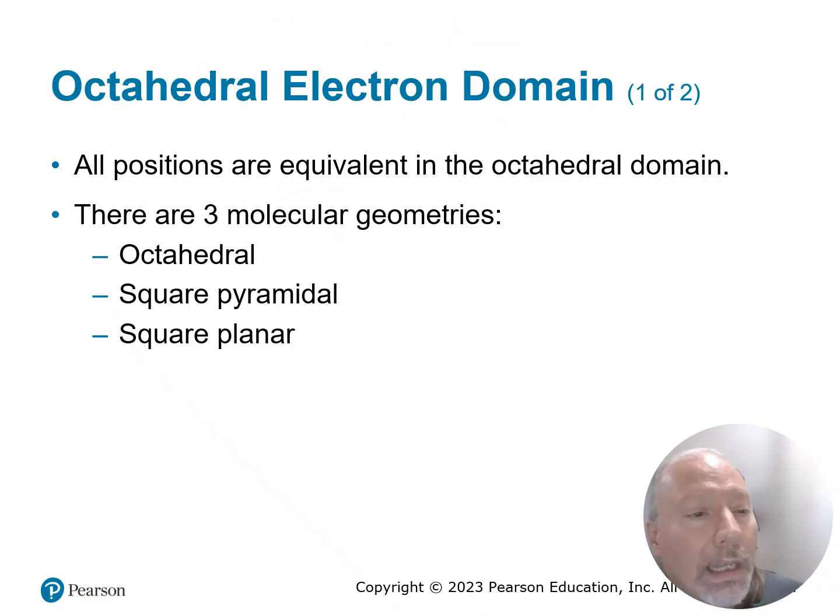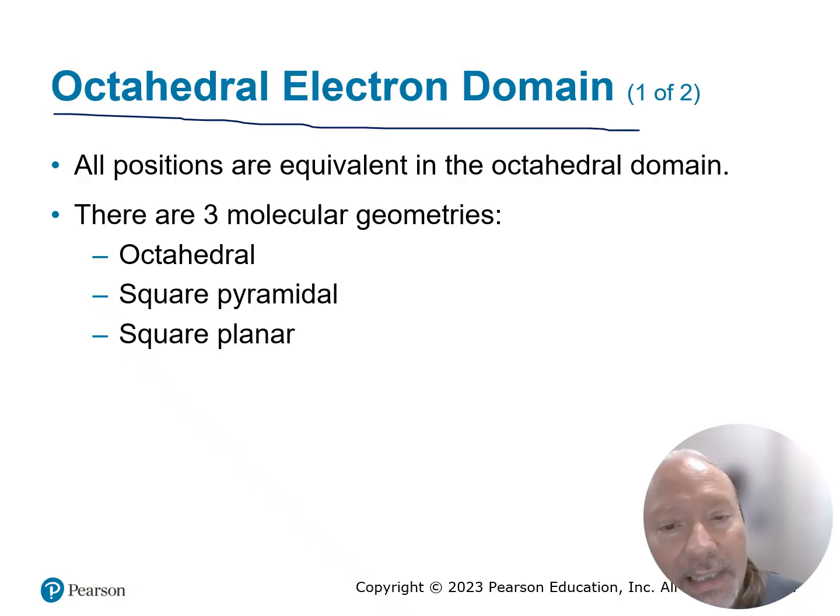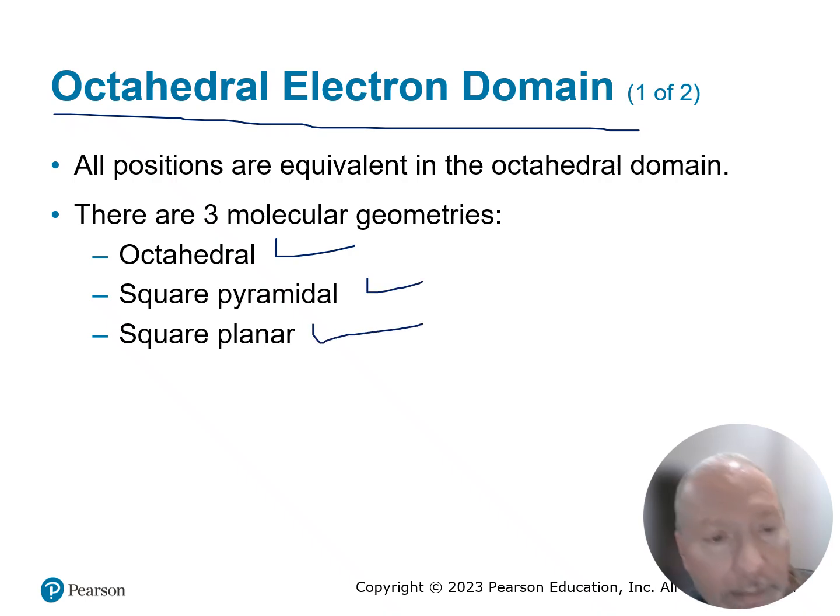The octahedral electron domain has to have 6 electron domains, but it has other molecular geometries on top of it, all sharing the same electron domain geometry, but the molecular geometries will change due to an introduction of lone pairs and the loss of point groups. Octahedral is one of the shapes, square pyramidal and square planar.